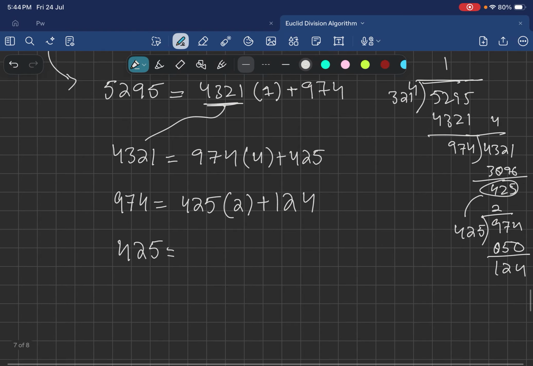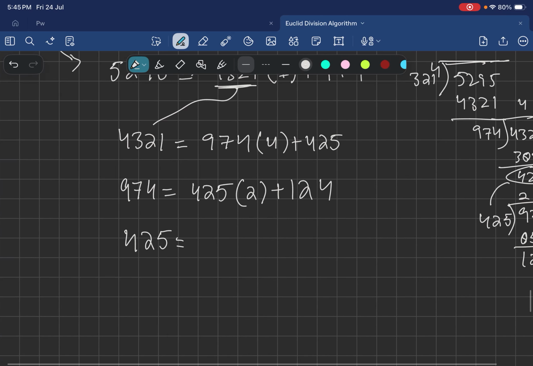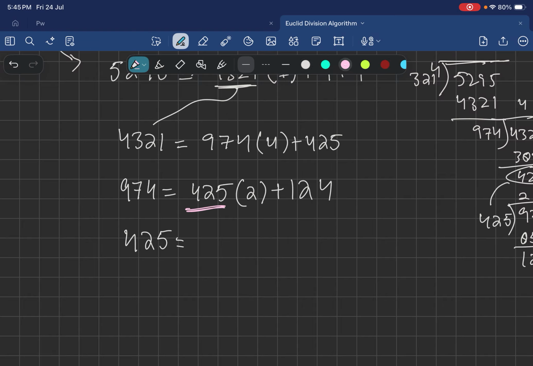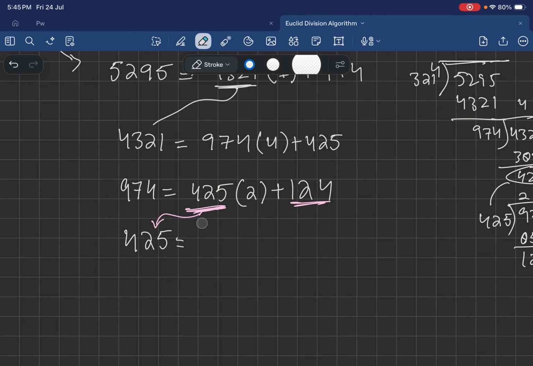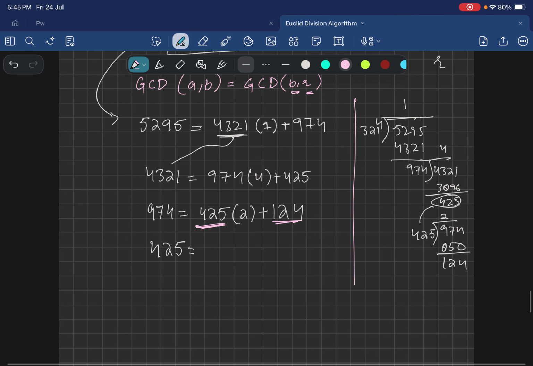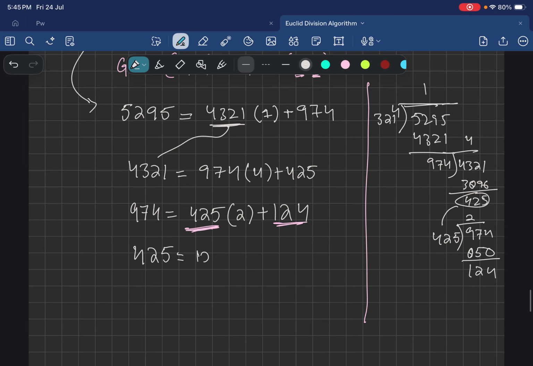So the previous divisor becomes the number and the previous remainder becomes the divisor. That's what I'm saying. What you see here on the right hand side, the left hand side is just a way of writing it in the Euclidean algorithm.